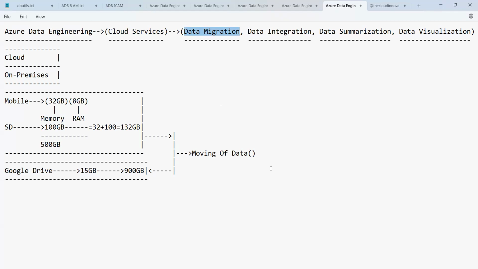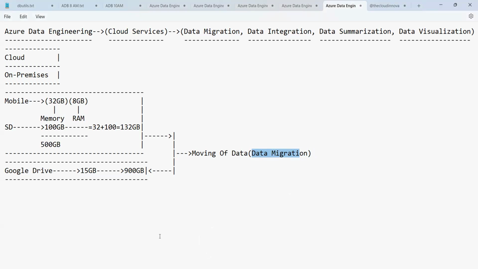Data migration is a process where we move the data from the mobile phone memory to the Google Drive memory. So moving the data from the mobile phone memory to the Google Drive memory is called data migration. First of all, is everyone clear with this?